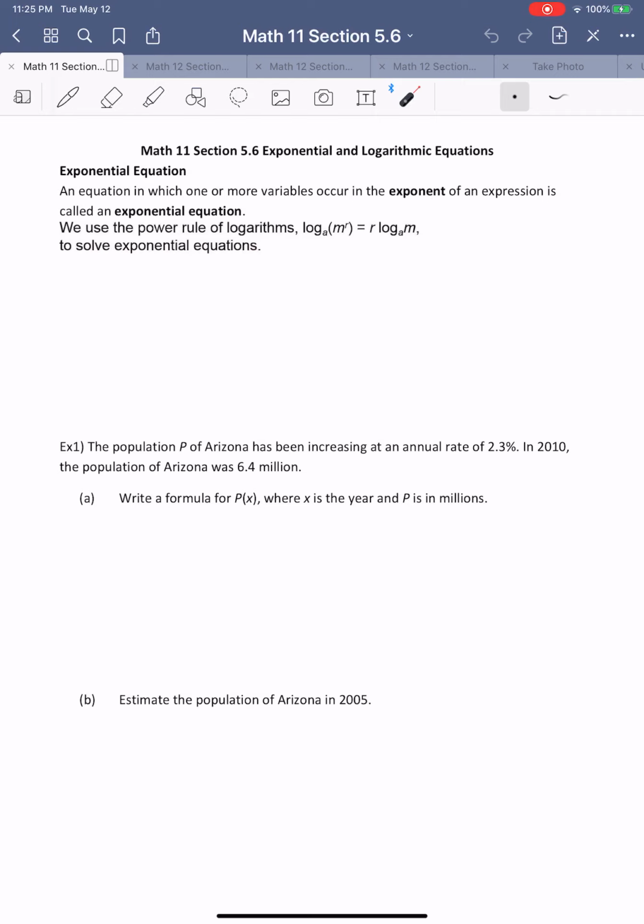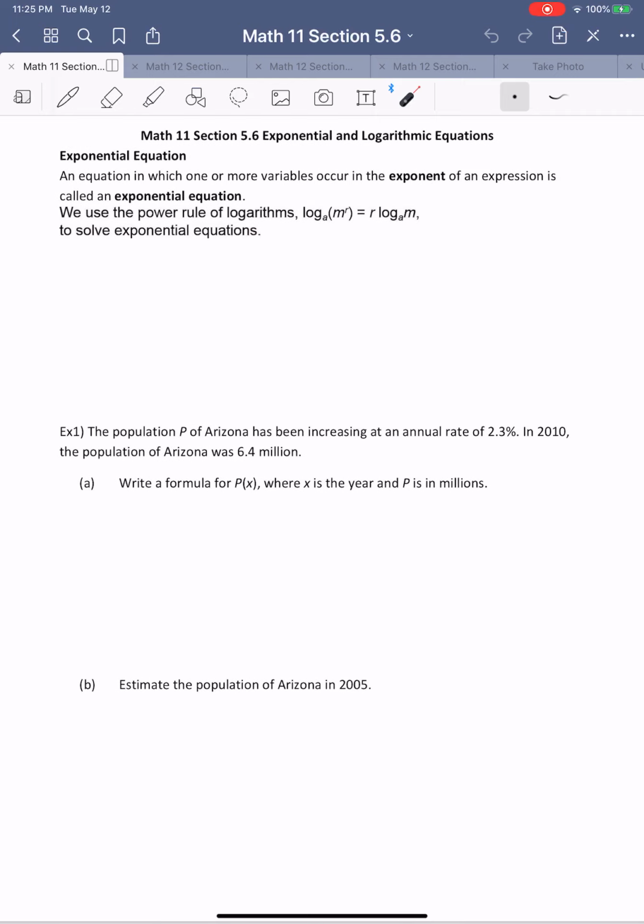Example one. The population P of Arizona has been increasing at an annual rate of 2.3%. In 2010, the population of Arizona was 6.4 million.